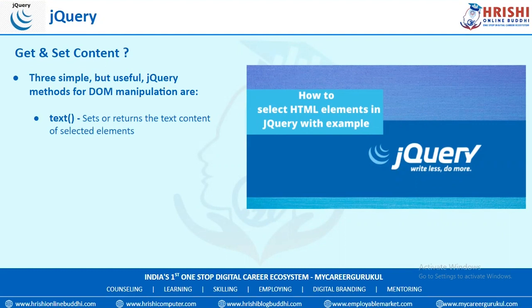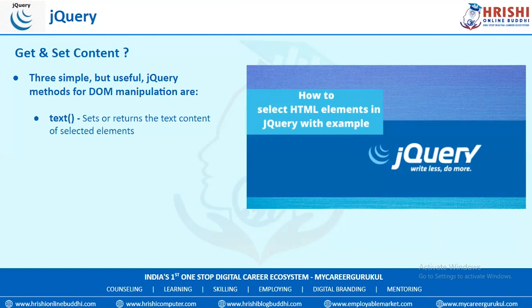For example, I want to know what is inside a paragraph which has the ID p1. So I can simply use the text method to find out what is inside that paragraph.